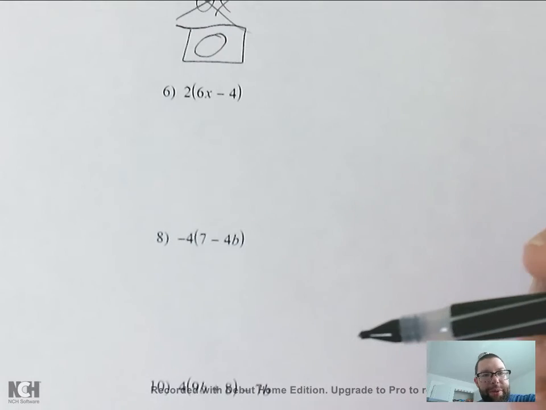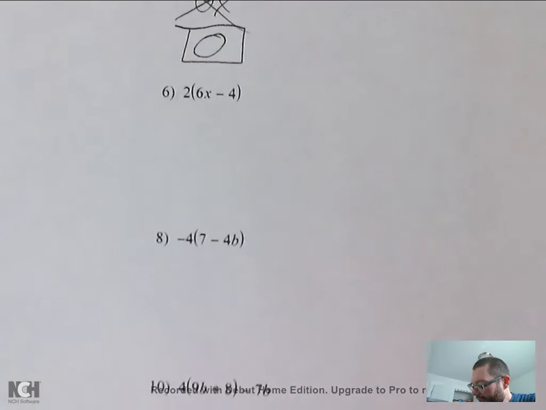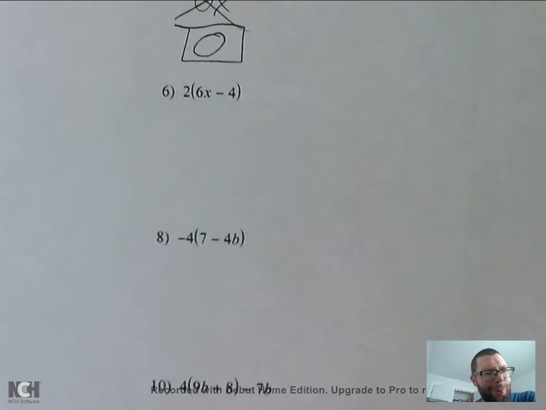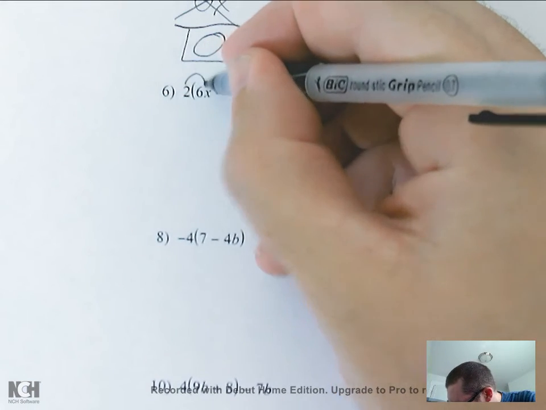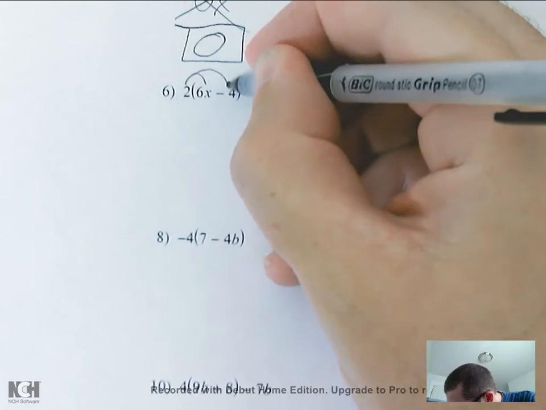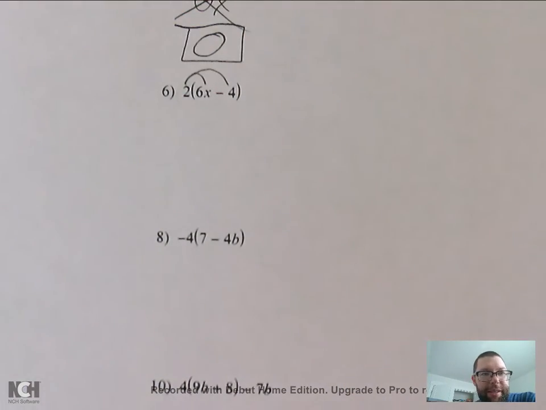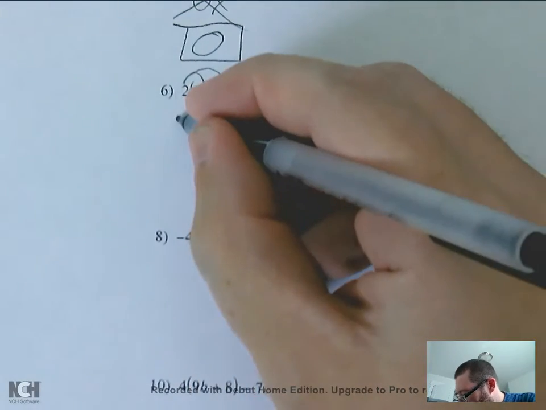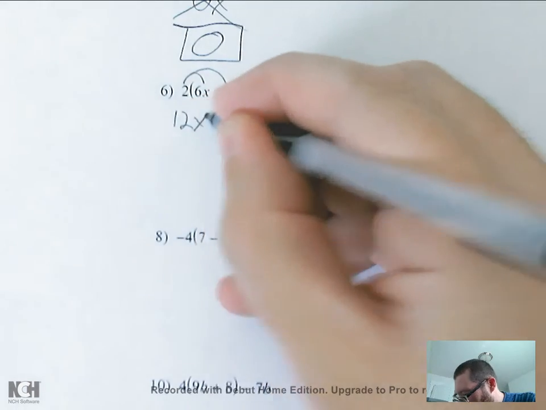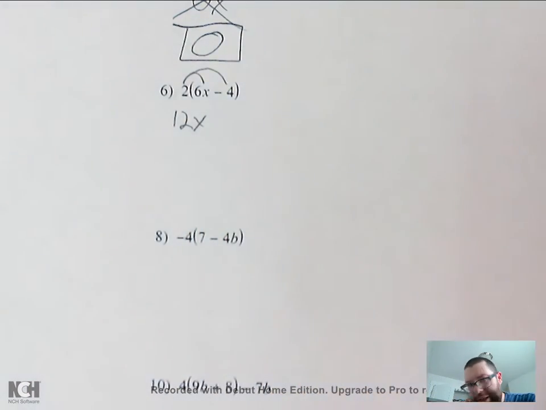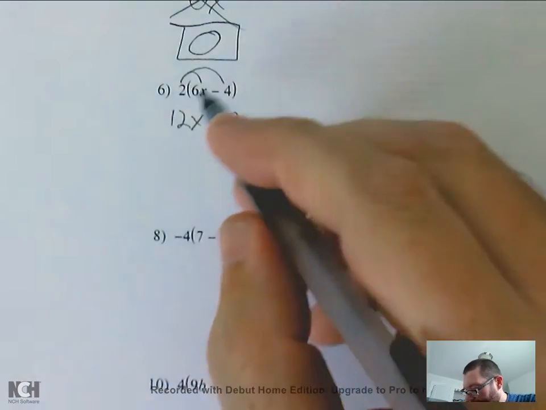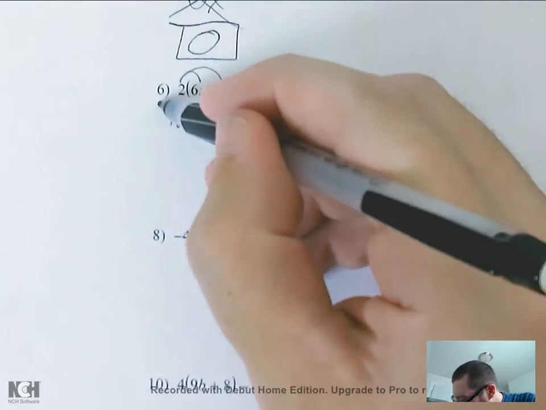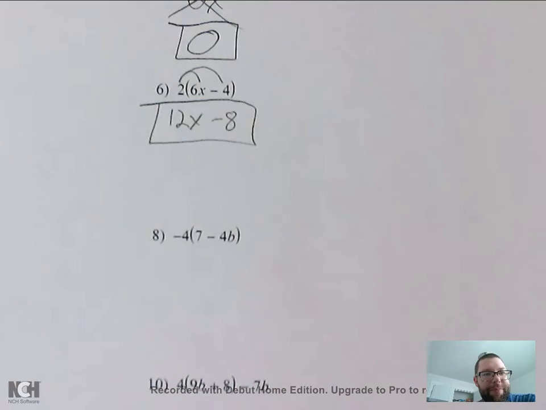So what we do with the distributive property is we distribute it. I know, weird, right? We multiply that 2 to both of the terms inside the parentheses. So 2 times 6 is 12, so you've got 12x, and 2 times 4 is 8, so minus 8. Now these are not like terms, so that's it. I'm done. Voila.